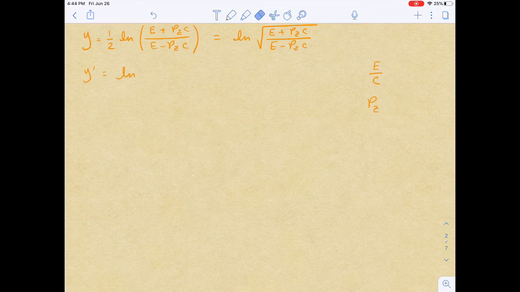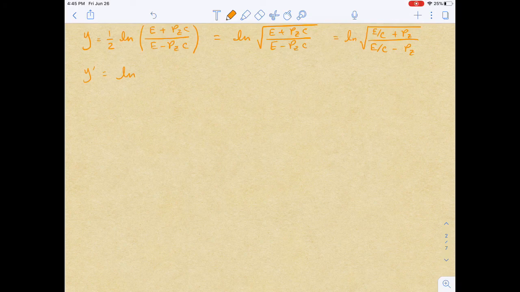So one way we can write this rapidity in a friendlier way is we can divide both the numerator and denominator by c, and you'll see what that does. Natural log of square root of e divided by c plus pz, similarly e divided by c minus pz. So all we did is divide the top and bottom by c.